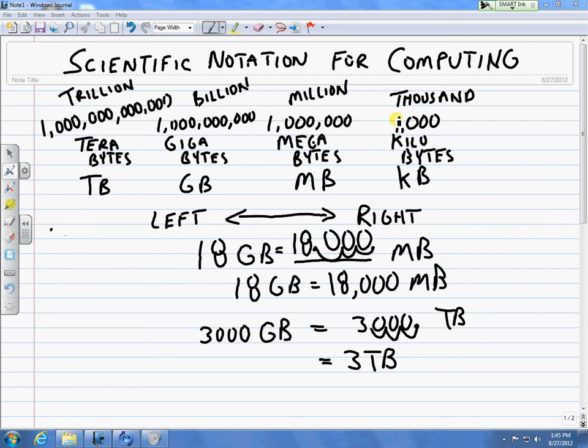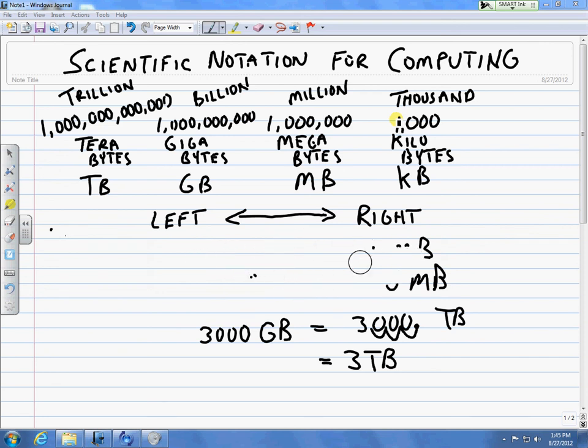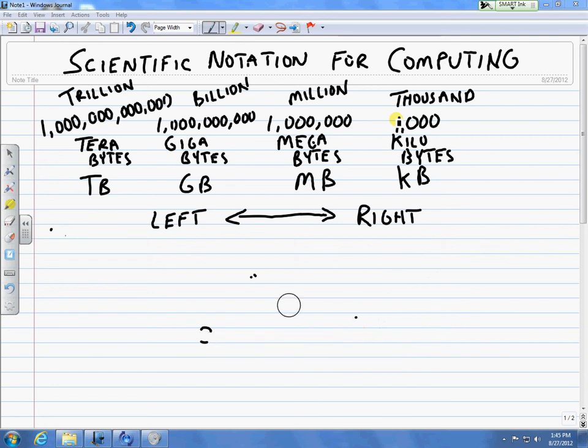All right, so now let me erase this. I've got 2 more examples for you. My last 2 examples: I'll start with a figure in gigabytes. I've got 950 gigabytes.